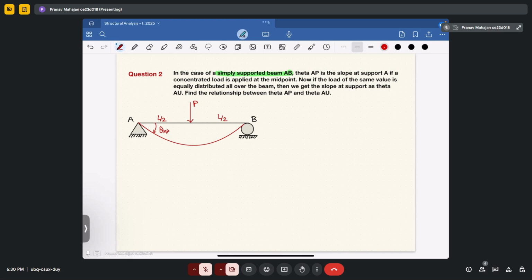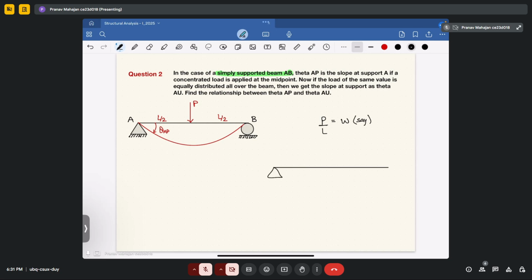Now he is telling you that now if the load of same value is equally distributed over the length, that means your P is distributed over whole length. Let's say we will tell it to be W. Then we get the slope at support A as theta AU. Then find the relationship between theta AP and theta AU. So we will make another beam.